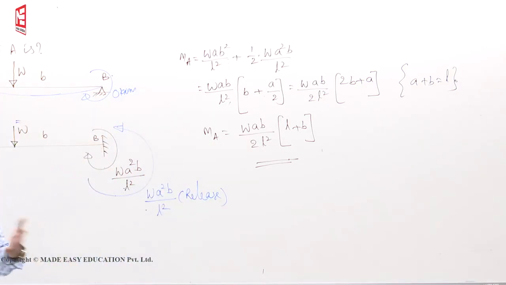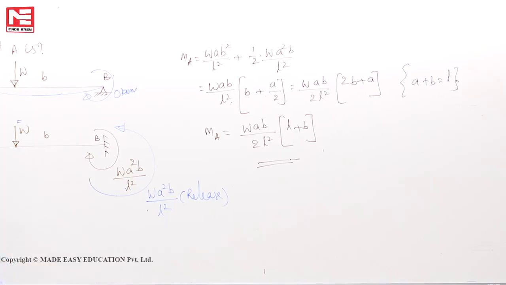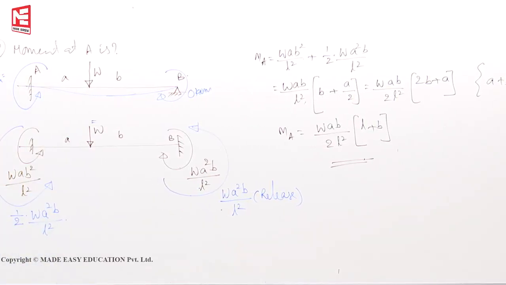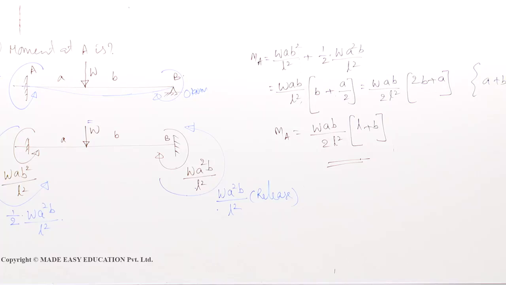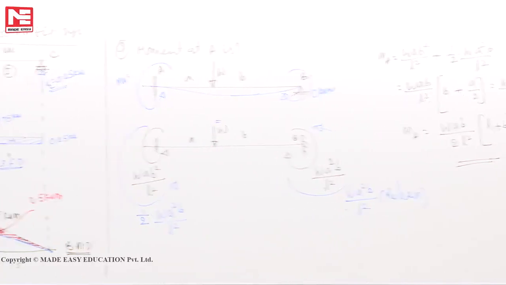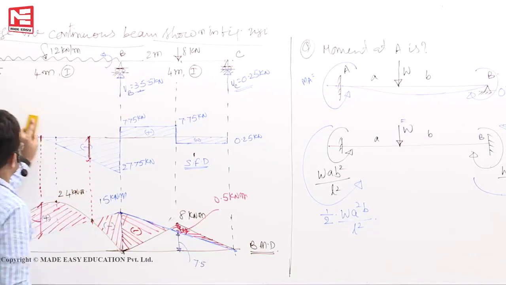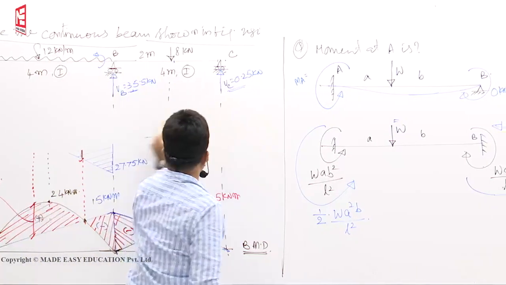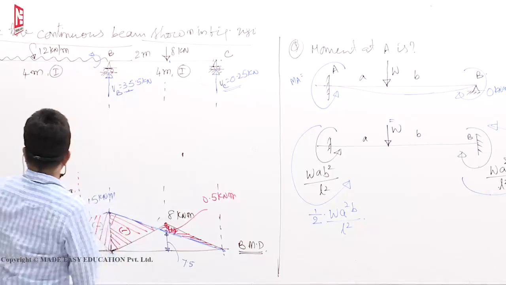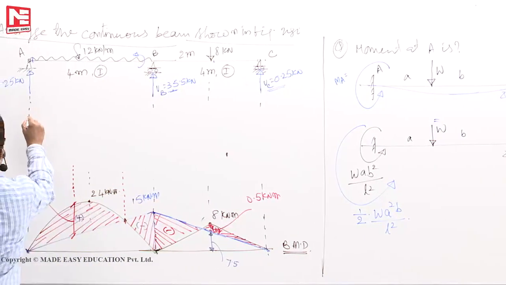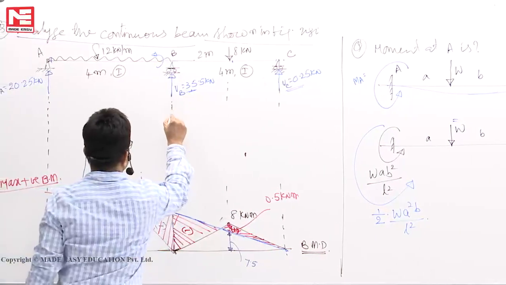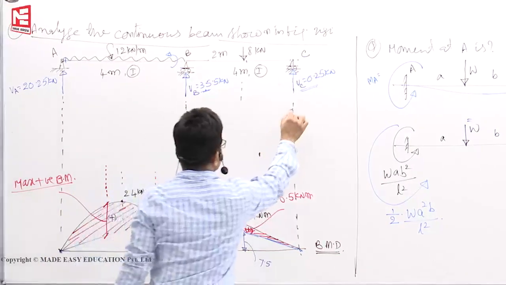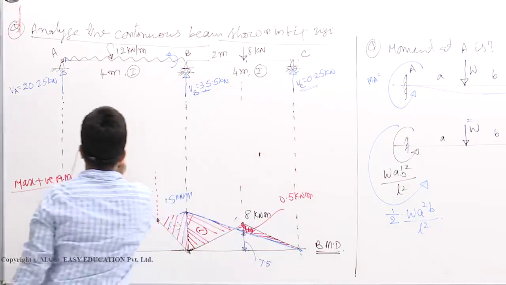You don't have to memorize so many formulas, only the basics, and other things you should be able to derive like this. Okay, next, if you see the deflection profile of this problem, how to get that deflection profile is like this. For any problem, this is the way we have to draw the profiles. So this is our beam.